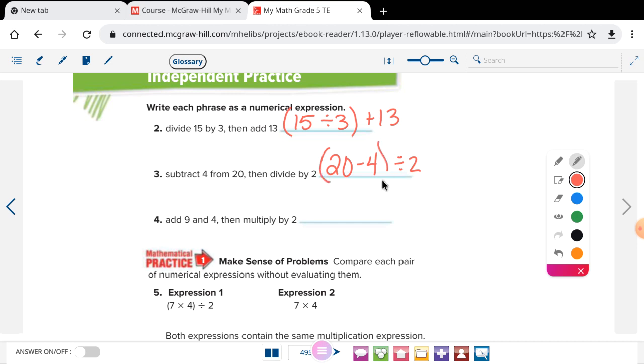Parentheses. Next one, add 9 and 4, then multiply by 2. Sadie? 9 plus 4 in parentheses. Okay. And then times 2.